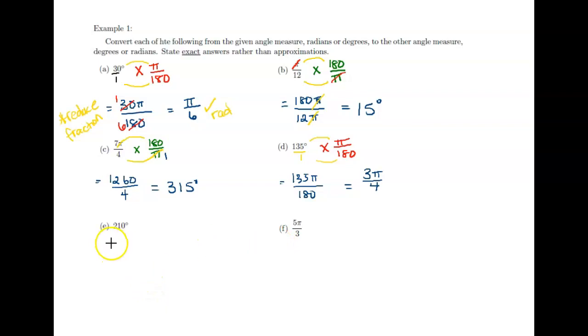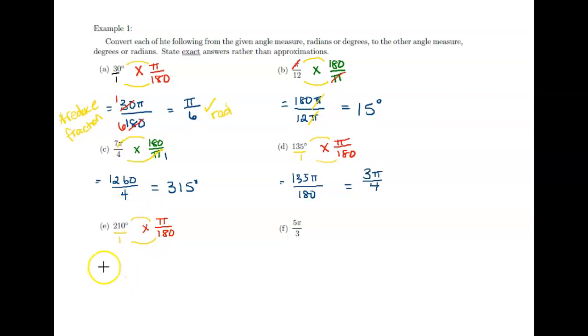Got 2 more to do here. I have 210 degrees, which means I'm converting to radians. If I'm converting to radians, I have to introduce the pi. So the pi is going to be on top. And I am multiplying two fractions.